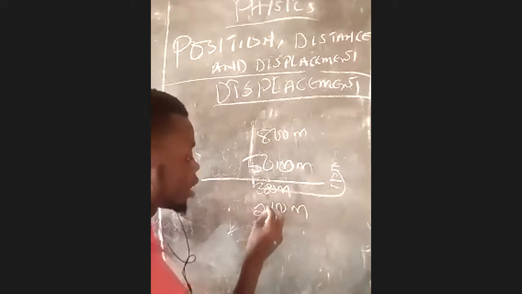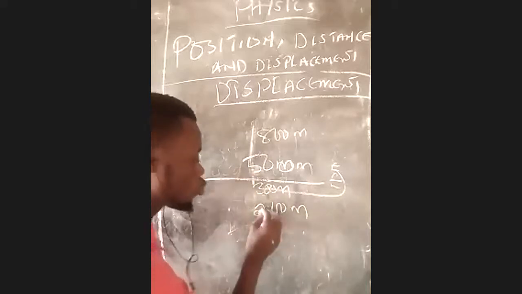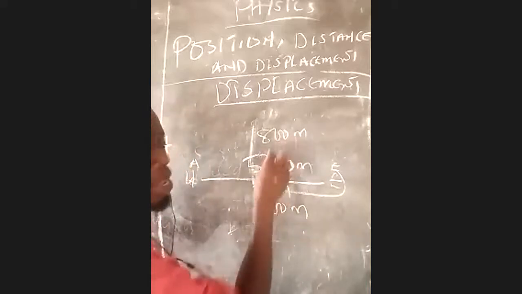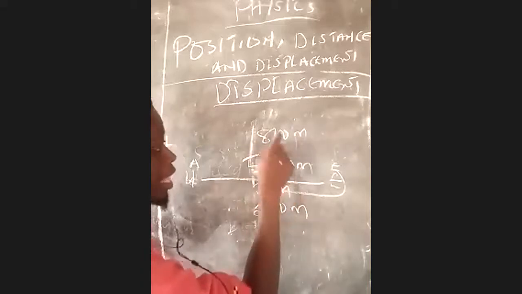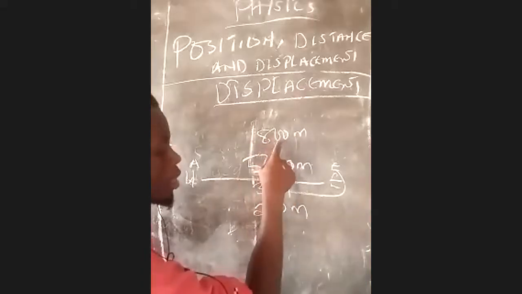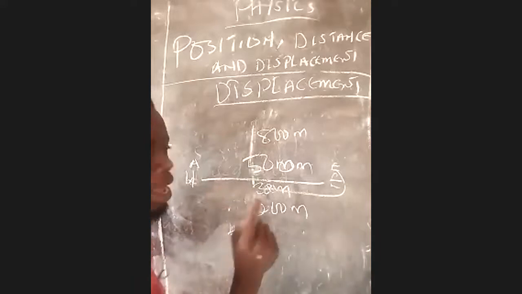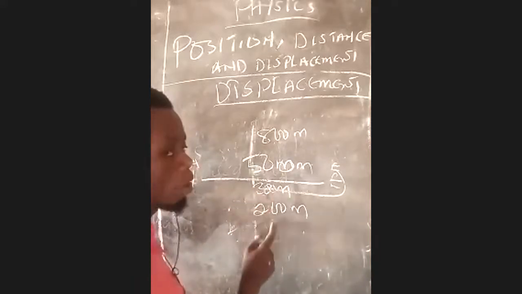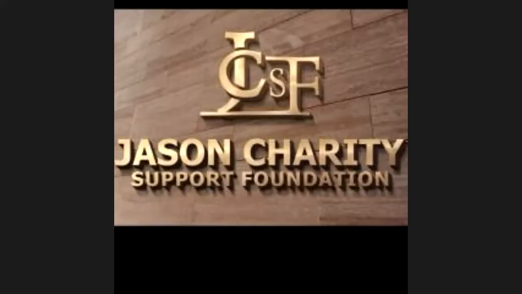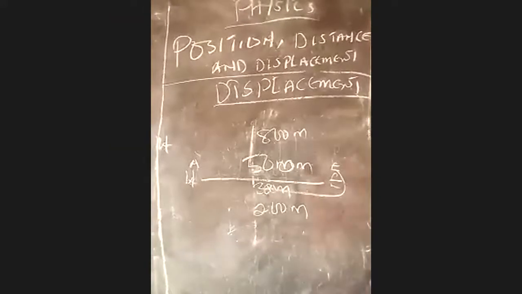Therefore, the displacement of the body is 200 meters instead of 800 meters. So the distance of the body is 800 meters, but the displacement of the body is 200 meters. That is the difference between the displacement and the distance.